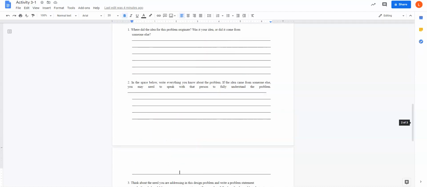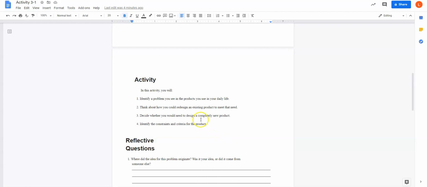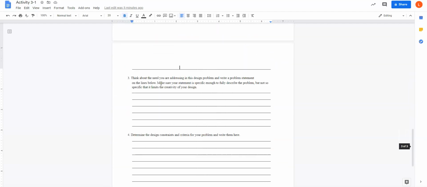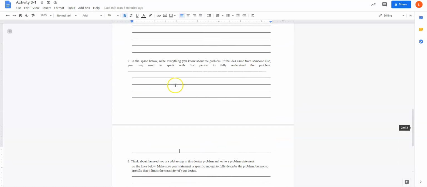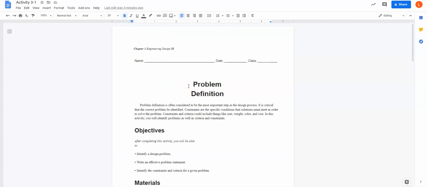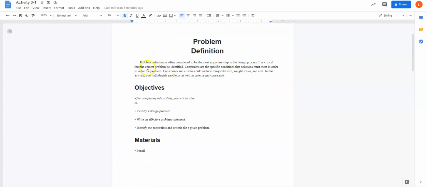All you're going to need for this assignment is this document. And you're going to be answering these questions at the bottom. And I'm going to go through it with an example just off the top of my head right now. So for you, going back to the top, the problem definition is often considered to be the most important step in the design process.